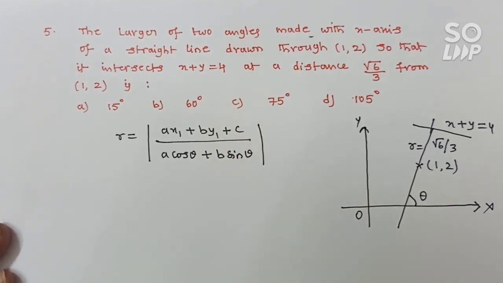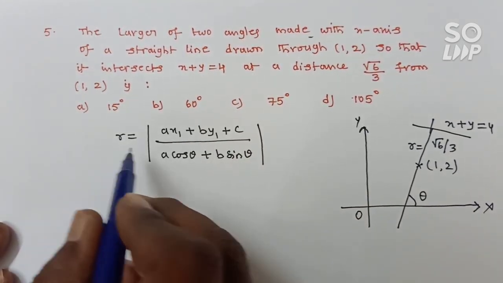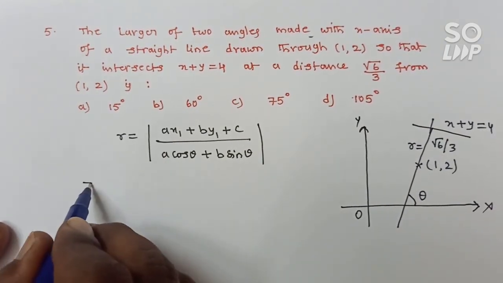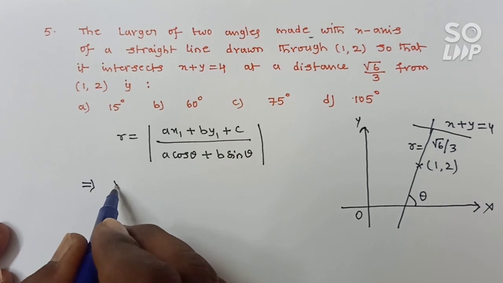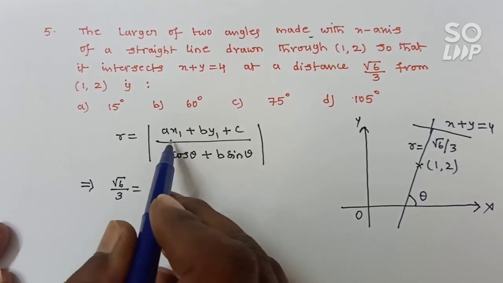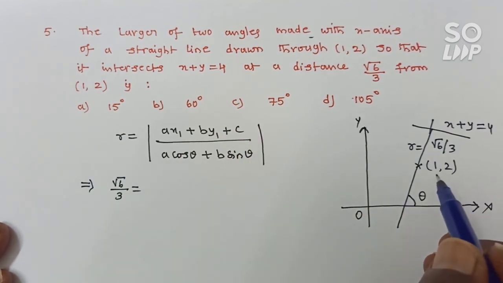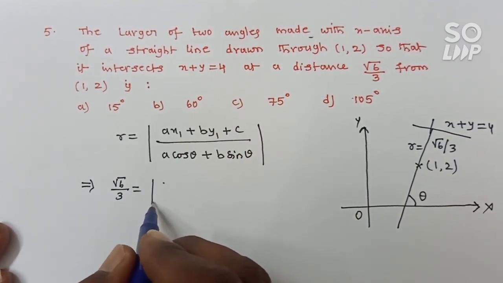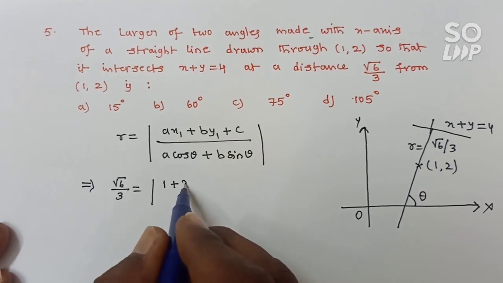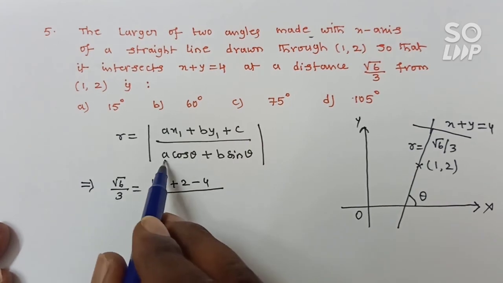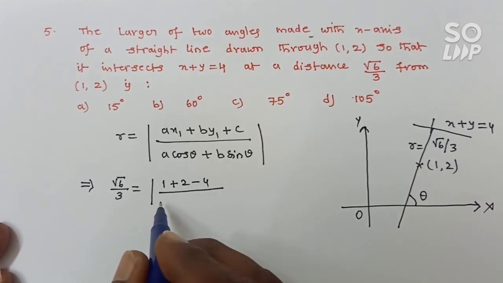Now you substitute all these values one by one. r is equal to root 6 by 3, so root 6 by 3 is equal to, in the numerator you directly substitute the point: modulus of (1 + 2 - 4), whole divided by a, the x coefficient, and b, the y coefficient.